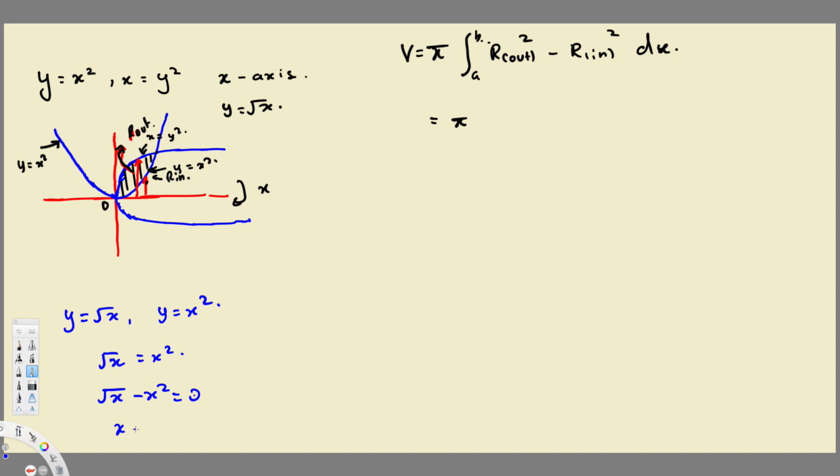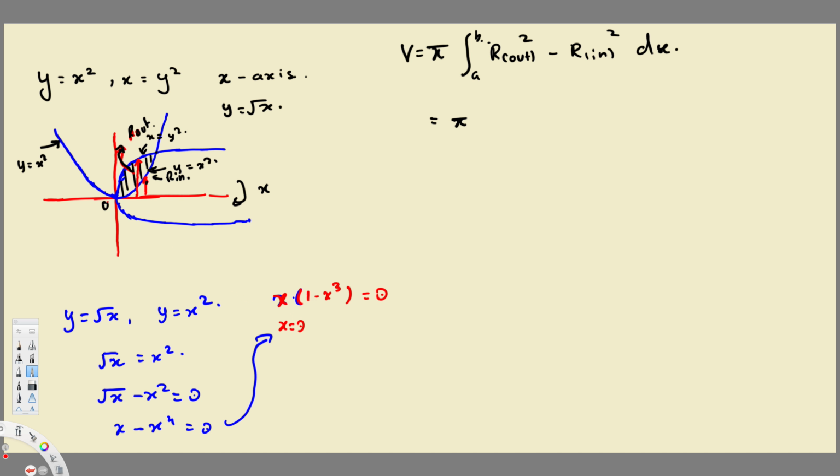This is going to be x minus x to the power 4 equals 0. Now I can take x common, so this is x times (1 minus x cubed) equals 0. From this we know that x equals 0.